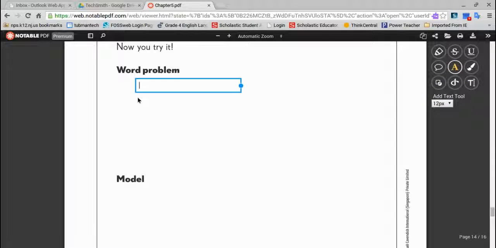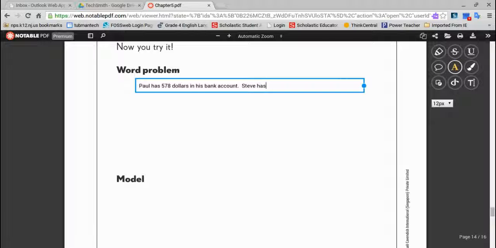So I'm going to write a word problem right now. Paul has $578 in his bank account. And I'm going to make it a lot bigger. Okay.